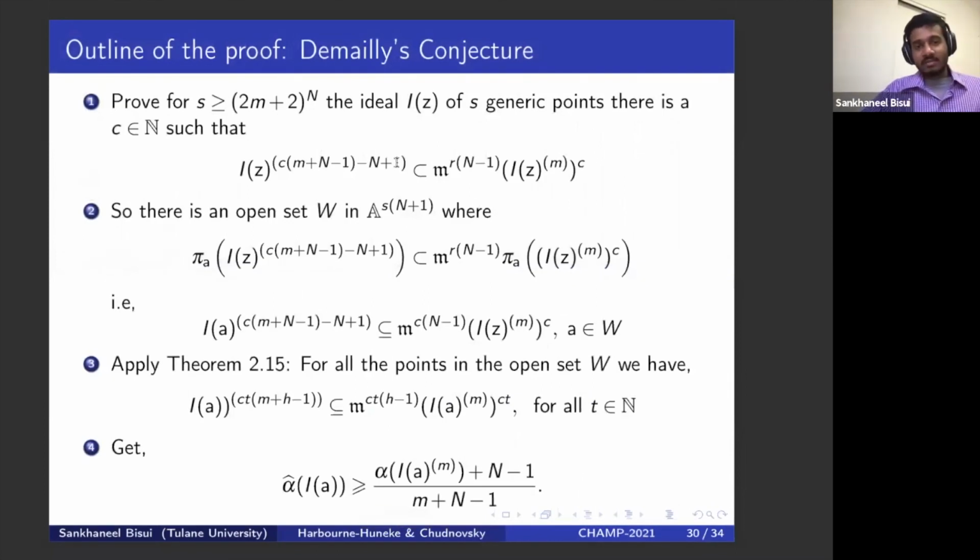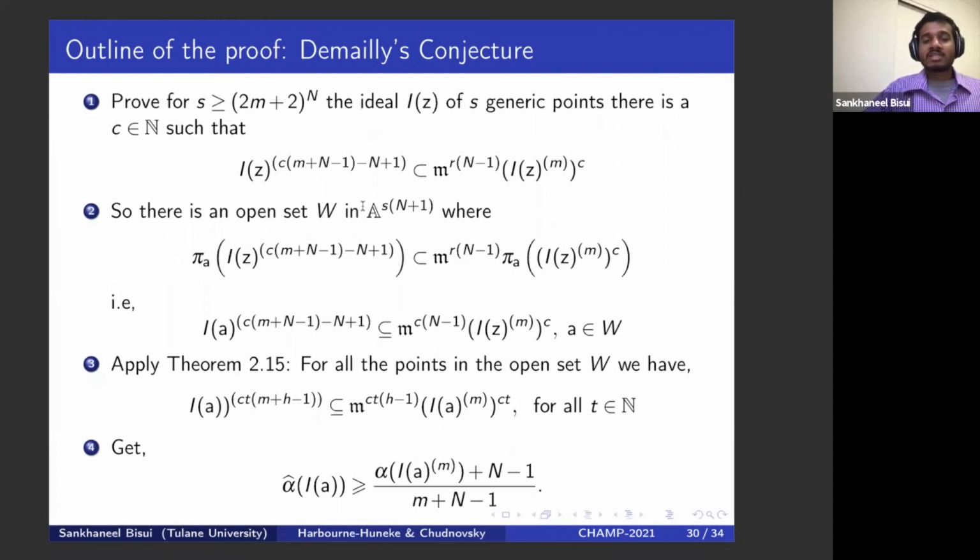Secondly, for Demailly, it's the same idea but a little bit weaker, because proving that one containment for generic points is really difficult, and we had to assume the number of points depends on m. Once we prove that one containment, again the same trick applies: there exists an open set where we can take the specialization.